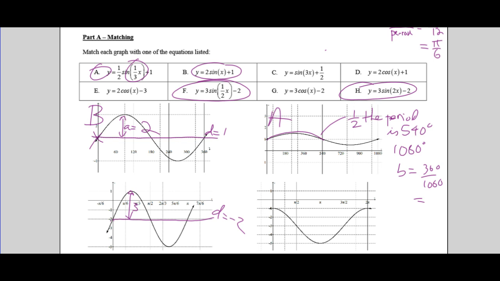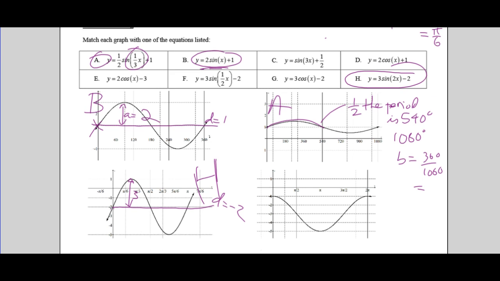So they both have an A value of 3 and a D value of -2. So now we're going to go to the period, right? So the period of this would be from here back to here. So the period is pi. The b value is 2 pi divided by pi, which is 2. So I want a b value of 2, so this is H.